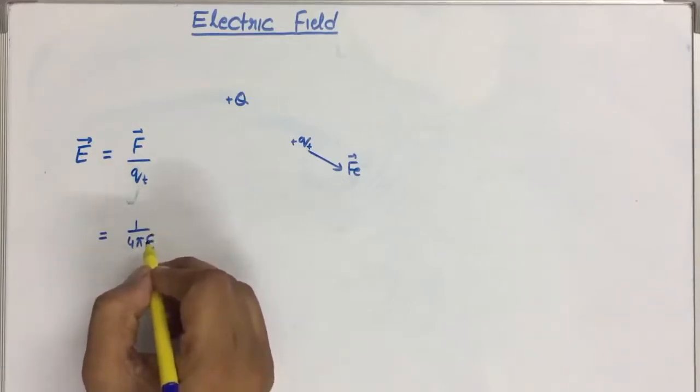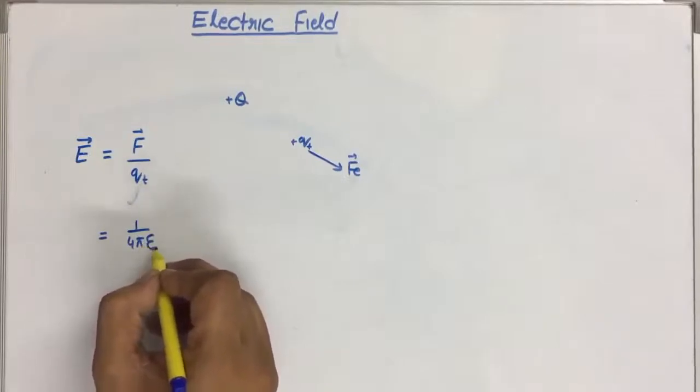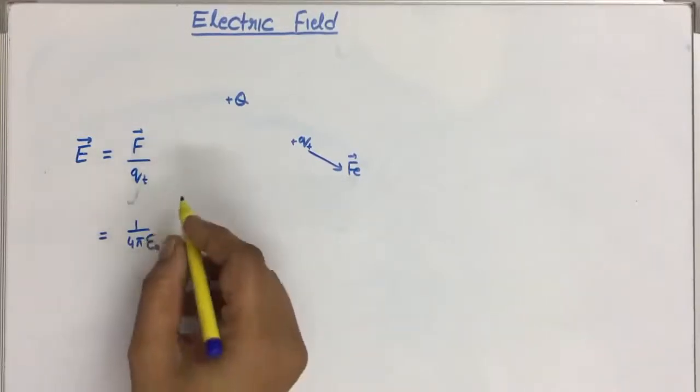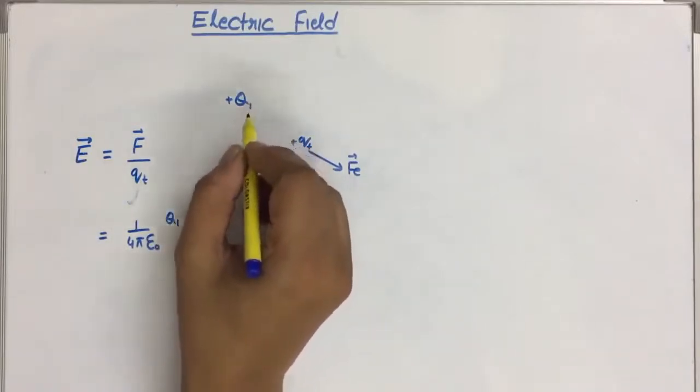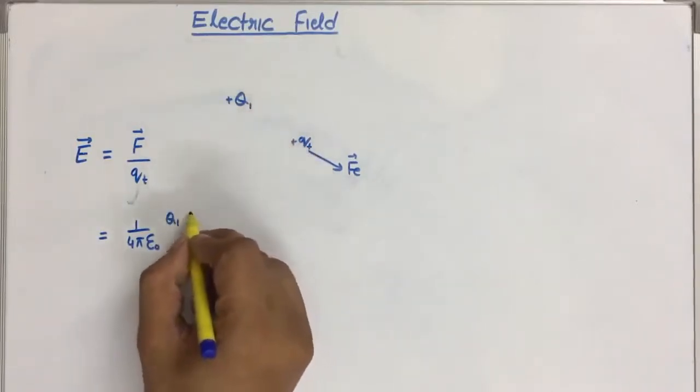For time being, consider the air medium, then it will be 4 pi epsilon naught, Q1, that is this, and Q2 is our test charge.